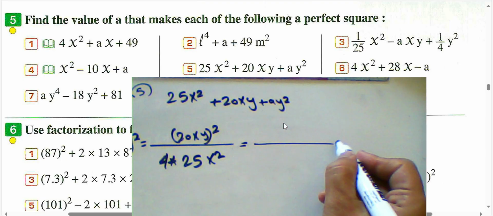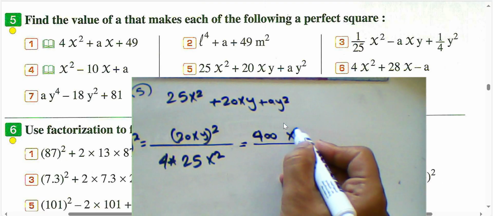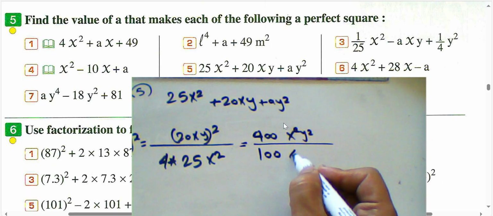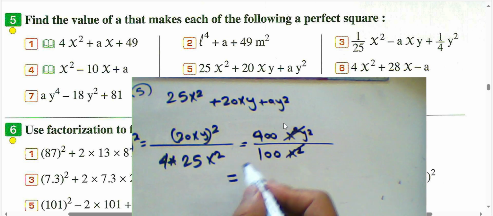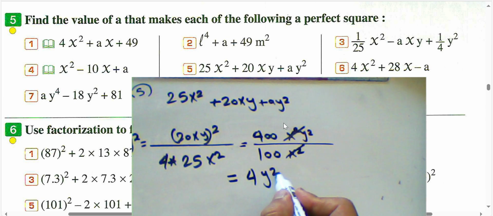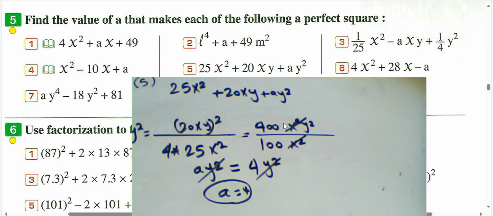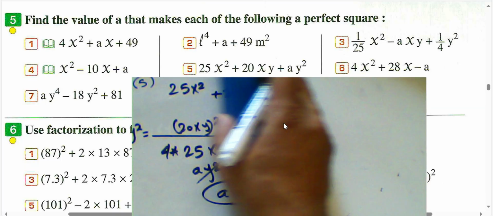And the result will be 20 power 2, which is 400 x power 2 y power 2, over 4 times 25, 100 x power 2. We can divide 400 by 100, 4, and then write a y power 2. Cancel y power 2, y power 2 is an a equals 4, or a here is a coefficient. The value of a equals 4.